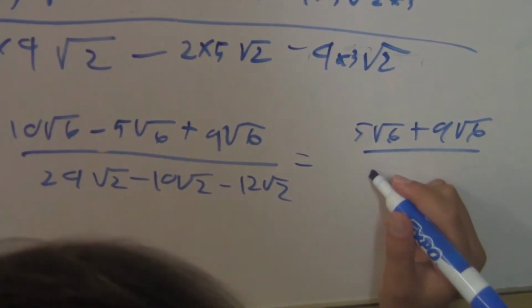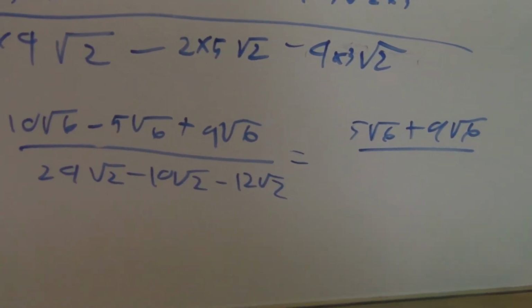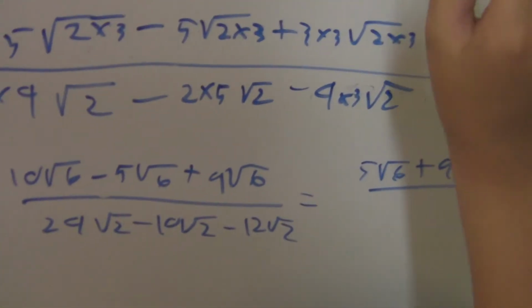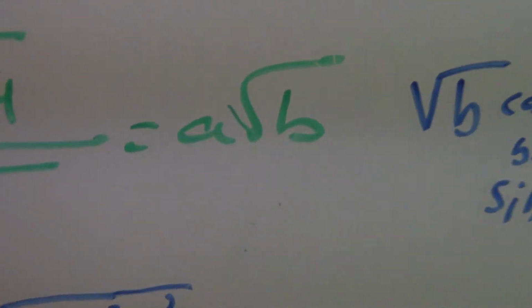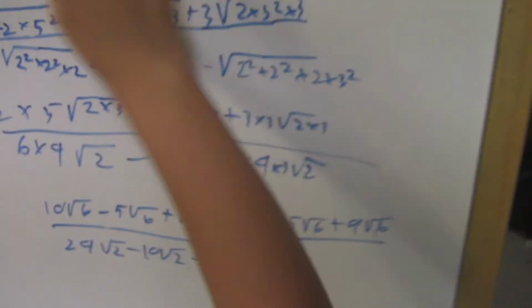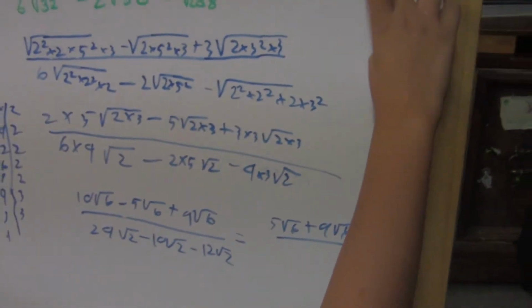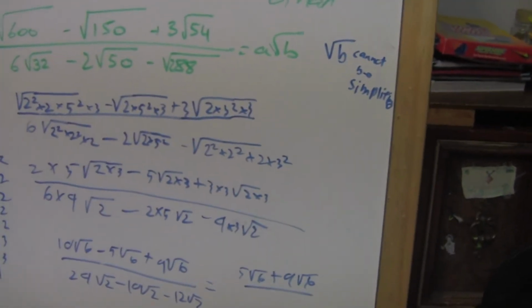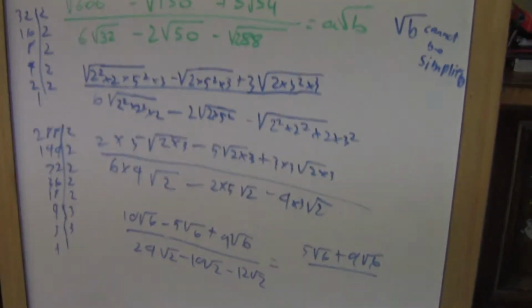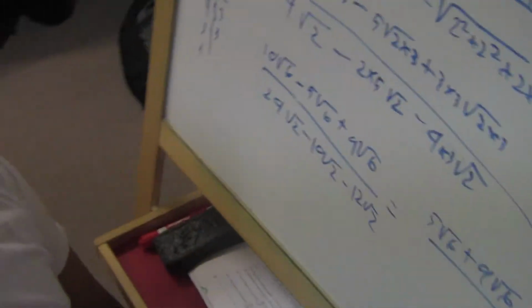And then, wait a minute. If you're wondering what this is, it's supposed to be an example. This is supposed to equal this, where the square root of b cannot be simplified. And of course, with these letters, they could be any number.